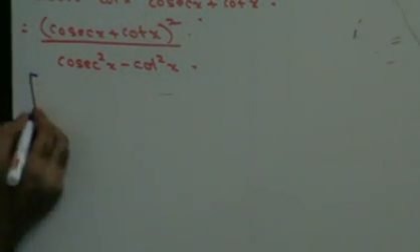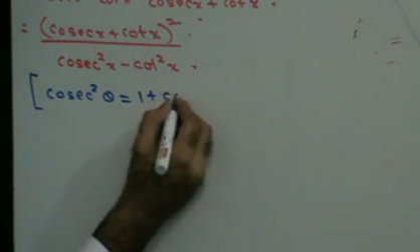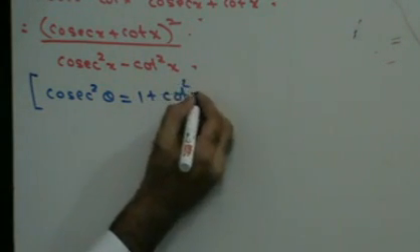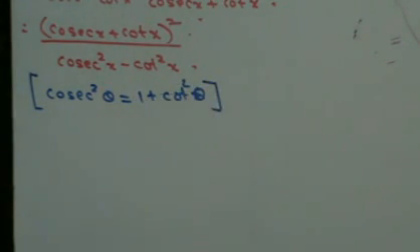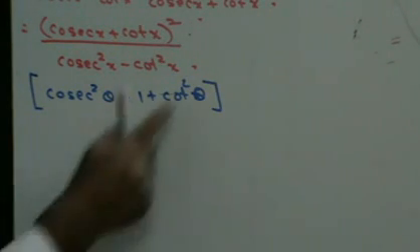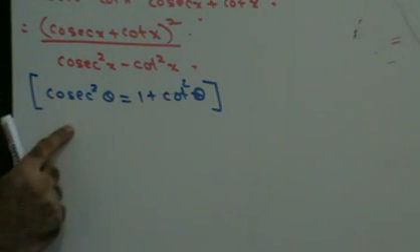Right? Now we know the identity, guys. We know that cosec square theta is equal to 1 plus cot square theta. Right? We know this identity. Now in this, if I take cot on the other side, that means cosec square theta minus cot square theta will be 1.